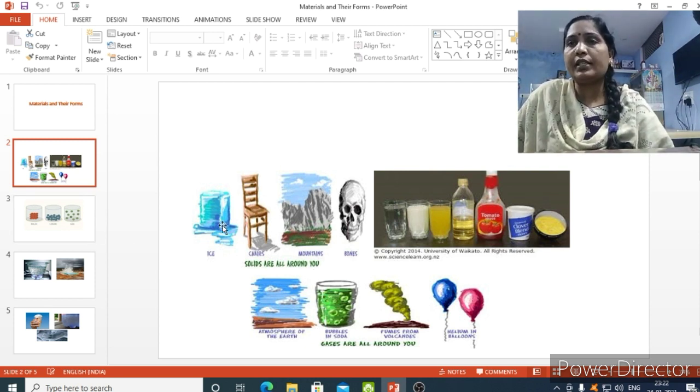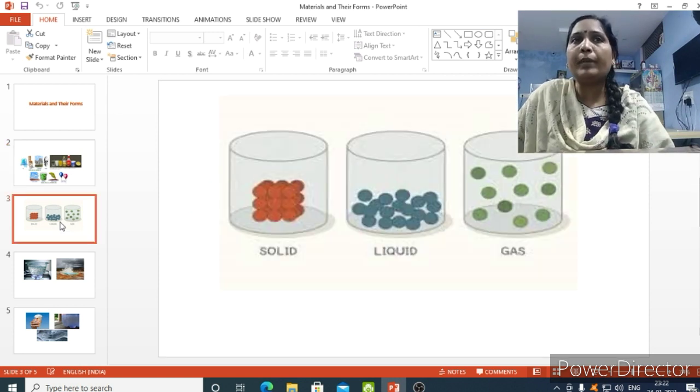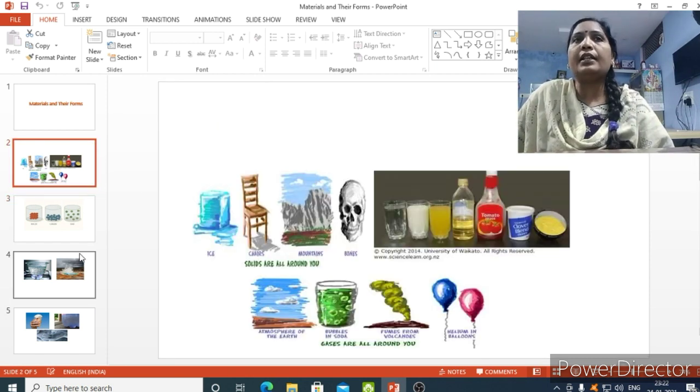So this is about today's class, children. You learned about solids, liquids and gases and their properties. You were also able to find a few examples for solids, liquids and gases, and you learned how the particles are arranged in solids, liquids and gases.